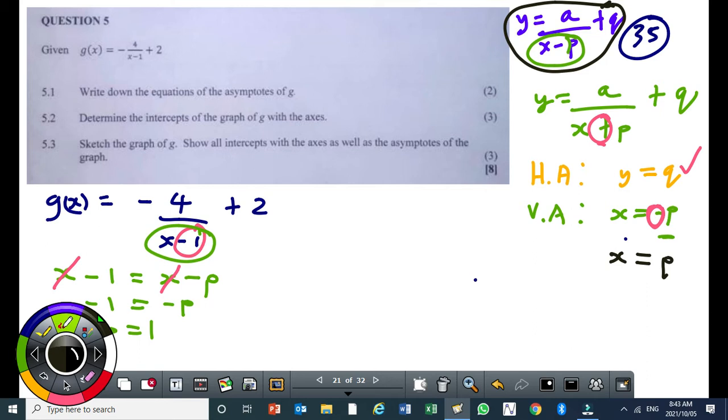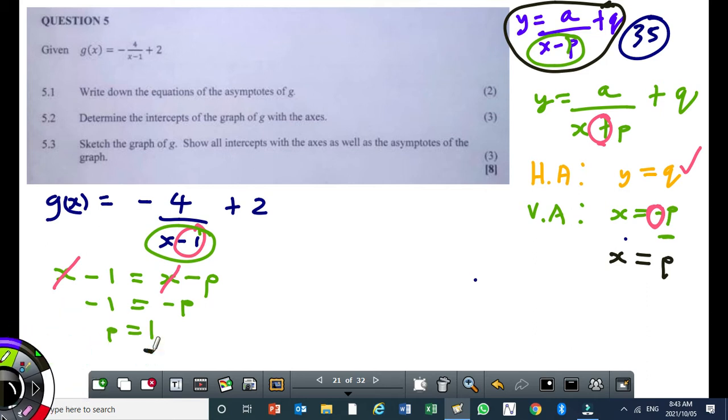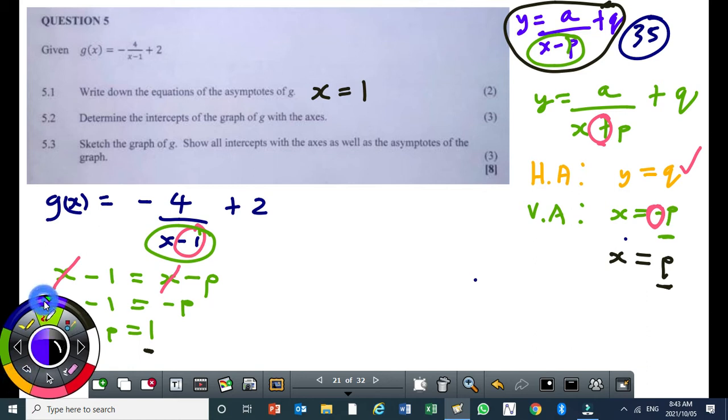So you take this p value, you plug it here. So for 5.1.1, we have an equation which is x equal to 1. That's the equation of the vertical asymptote, right? Let me prove to you that I can also get it if I consider my general equation to be this.